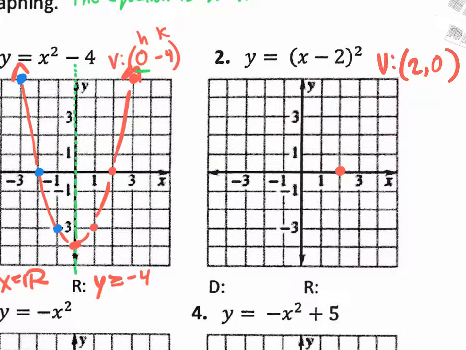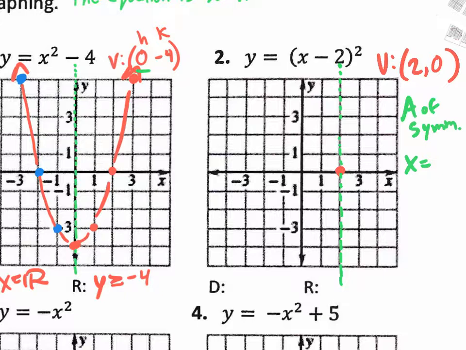Second step of graphing any parabola is the axis of symmetry. Okay? And that's the vertical line going right through the vertex. If I wanted to write an equation of that axis of symmetry, it's simply going to be x equals a number because that's how you get vertical lines. And what number is it going to be?